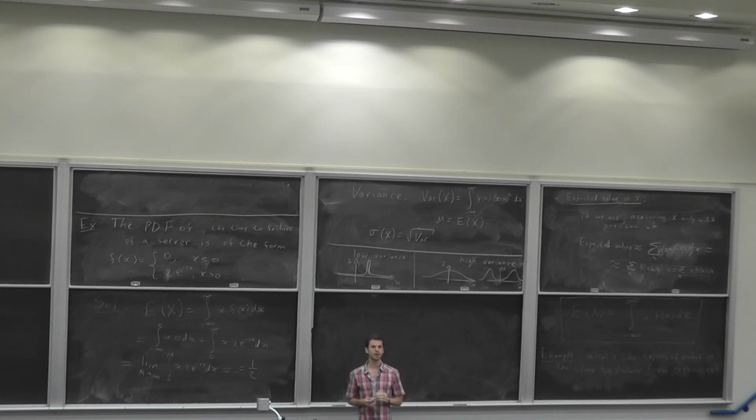I want to mention one extremely important distribution, an extremely important density function, which is called the normal distribution. It's so important because it appears almost everywhere. I'll explain exactly under what conditions it appears.